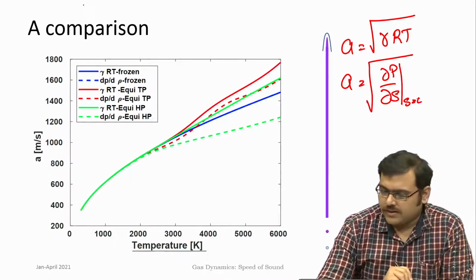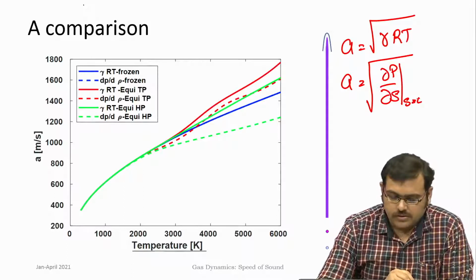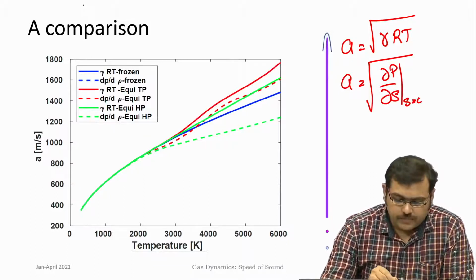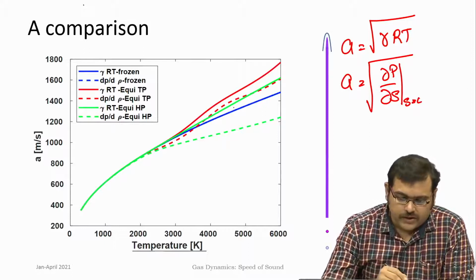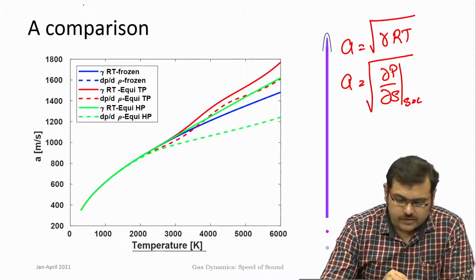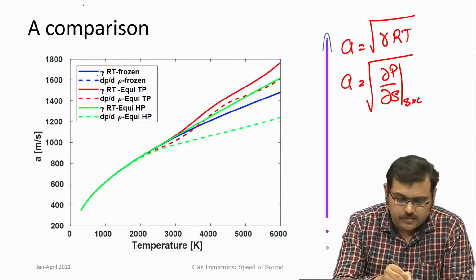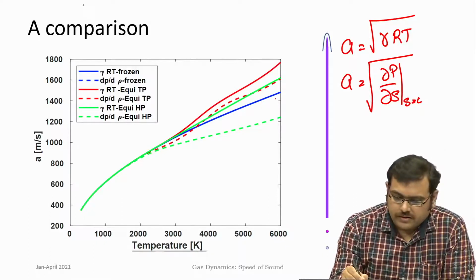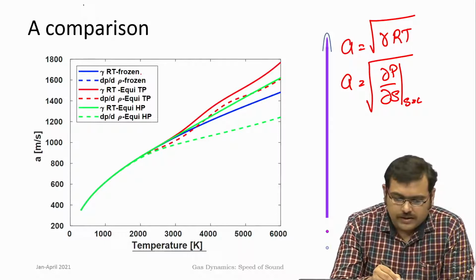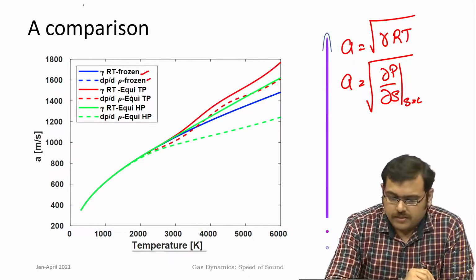This is done using computational tools, and here you can see the plots. For perfect gases, which is represented by the blue line, which is perfect all through, there is no difference between gamma RT and dP by d rho.